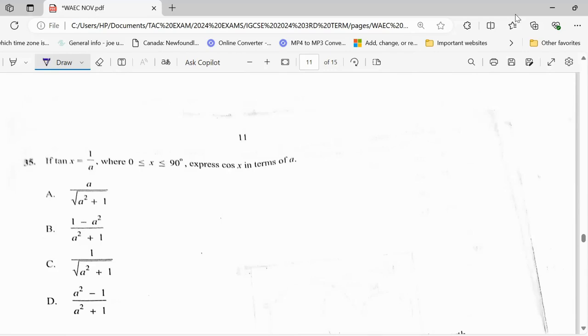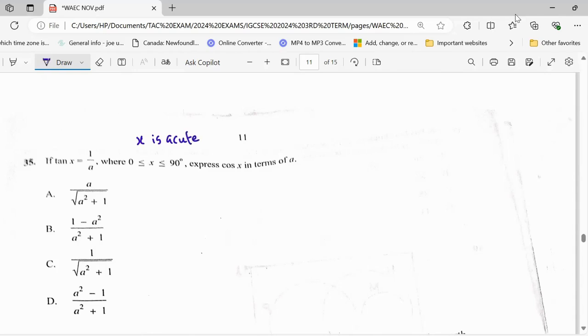Question 35 says if tan S is 1 over A, where S lies between 0 and 90 degrees. That means this interval is telling us that S is acute. S is an acute angle, between 0 and 90.